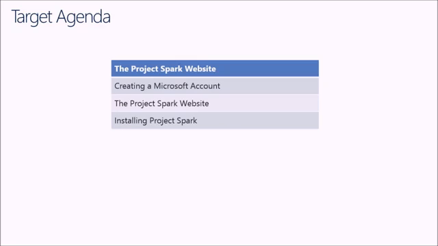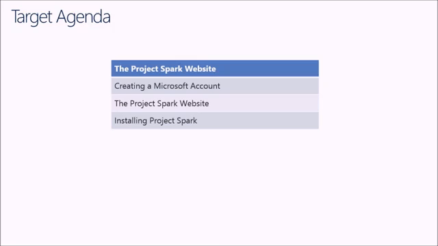So you do need a Microsoft account to get started. It is free. I'll be showing you how you can sign up for one. The ProjectSpark website has a lot in it, and it's worth visiting and keeping an eye on, because there's very good forums and tutorials there, and you will learn a lot from using it.